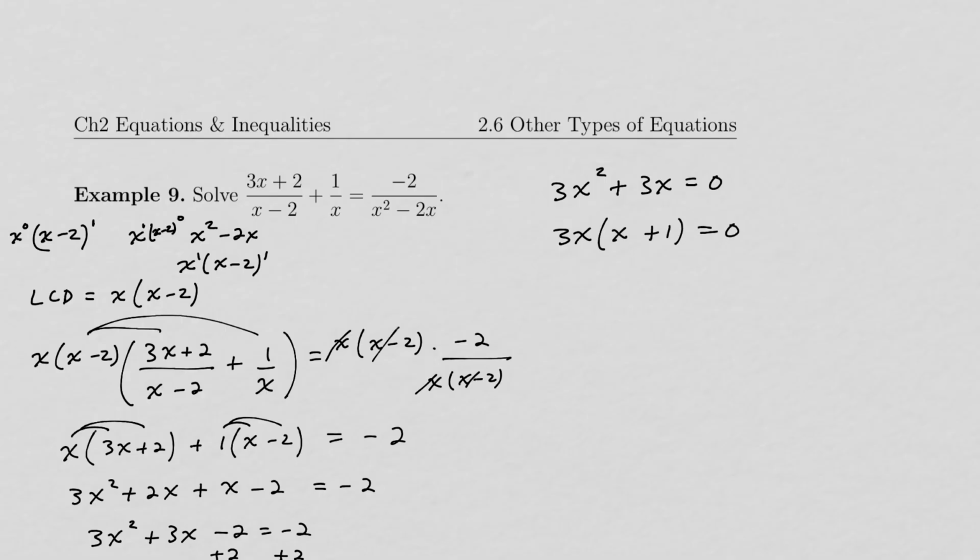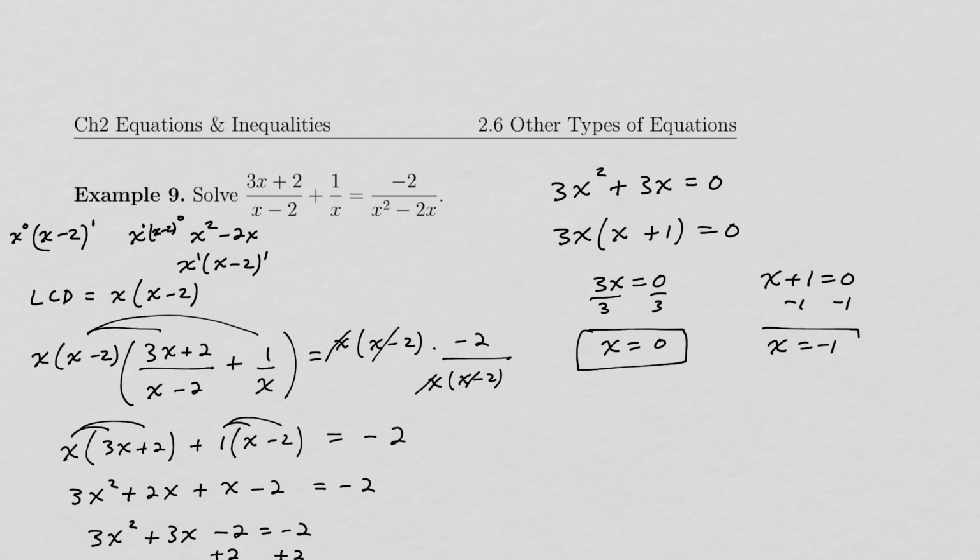So one possibility is 3x is equal to 0, and the other possibility is x plus 1 is equal to 0. This is going to give me the solution x is equal to 0, because I can divide by 3. So that's a possible solution. And if I subtract 1, I get x is equal to negative 1. And that's a possible solution.